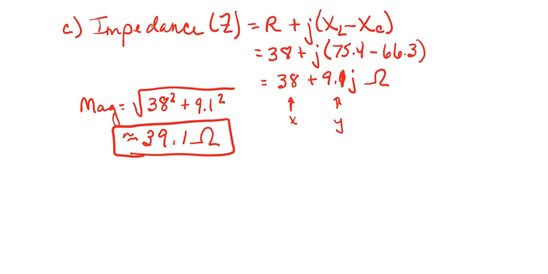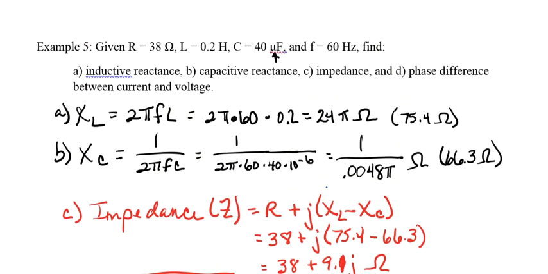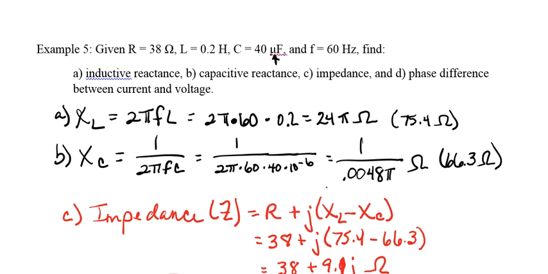The last piece is to find the phase angle, which is the difference between the current and the voltage. The phase angle is the inverse tangent of y over x, so that's 9.1 over 38, which gives me an approximate angle of 13.4 degrees. So those are all of the different parts that you would need to find in order to find the impedance and the phase angle.